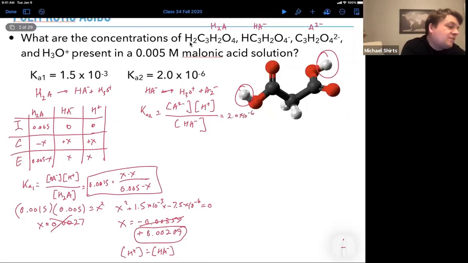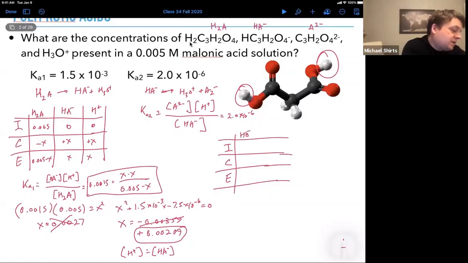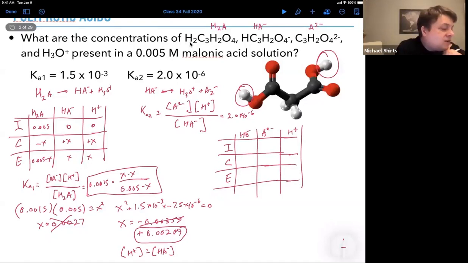So let's write out the ICE table for this. That's HA minus, and now this is A2 minus, and this is H plus. All right, so what's the initial concentration of HA minus? Well, it's going to be 0.00209. The initial concentration of A2 minus is 0, and the initial concentration of H plus is 0.00209, right? We have that same concentration.